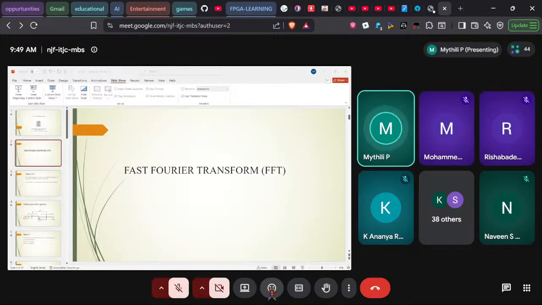Okay, let's see what is a fast Fourier transform.